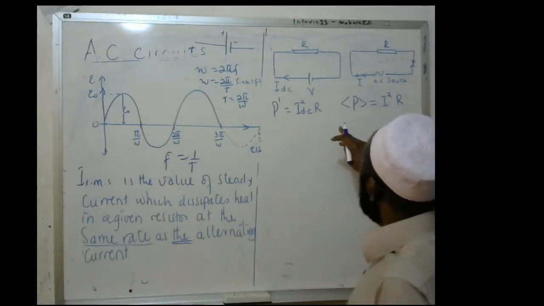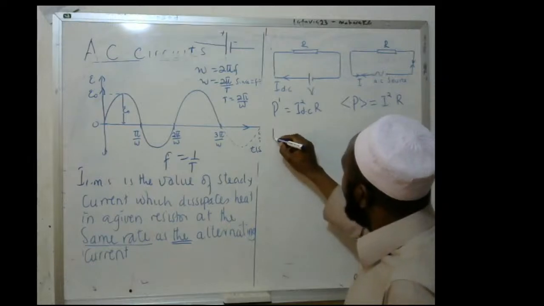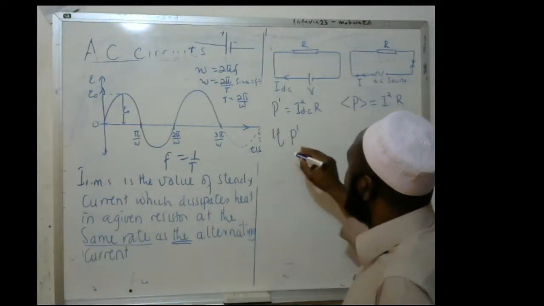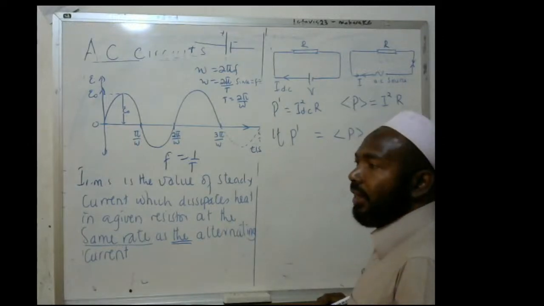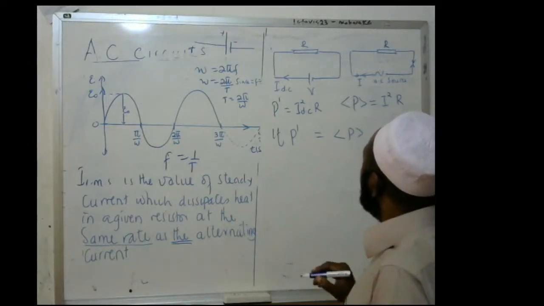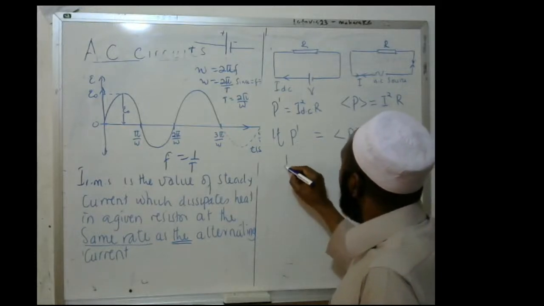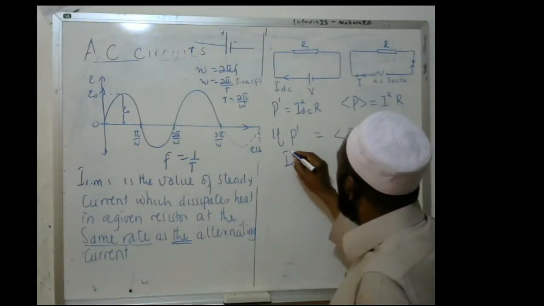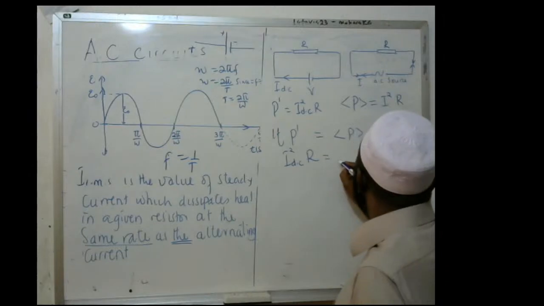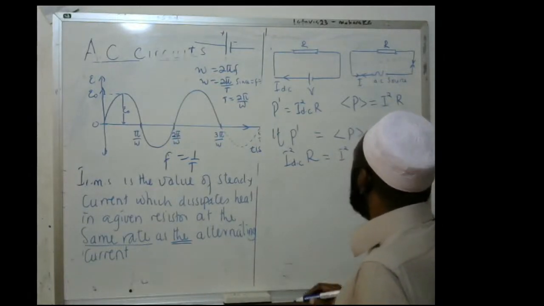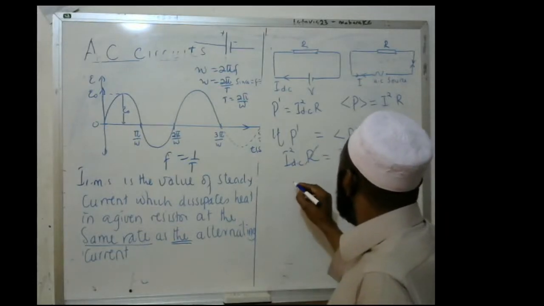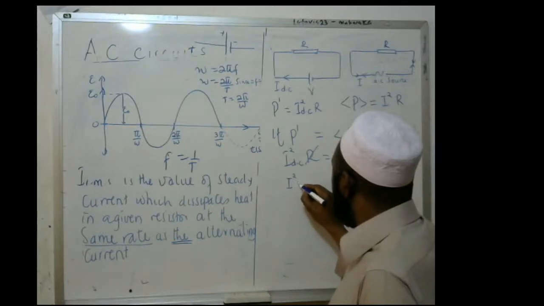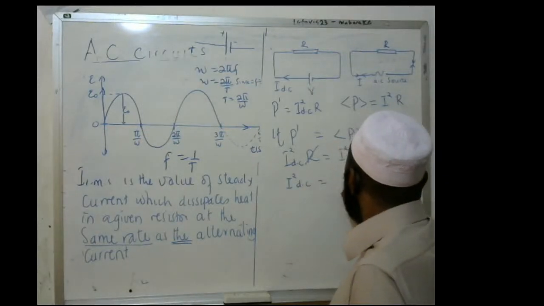Now, if P prime, which is for direct current, is equal to the average power P, then that will imply that I DC squared R is equal to the average of I squared R. And that will imply, therefore, that I DC squared is equal to the average of I squared.